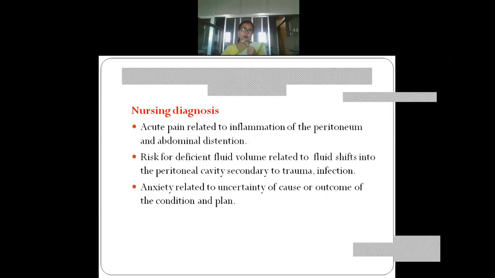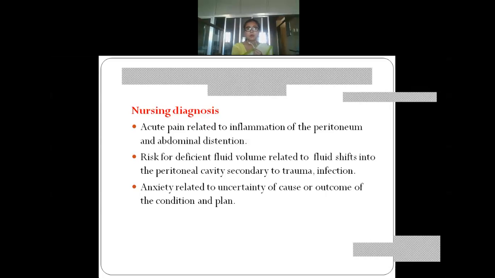And risk for deficient fluid volume related to fluid seeping into the peritoneal cavity secondary to trauma or infection. For this nursing diagnosis, our goal will be to maintain the fluid volume.